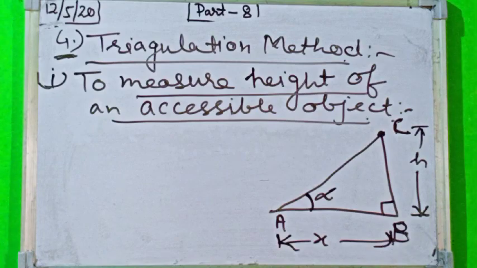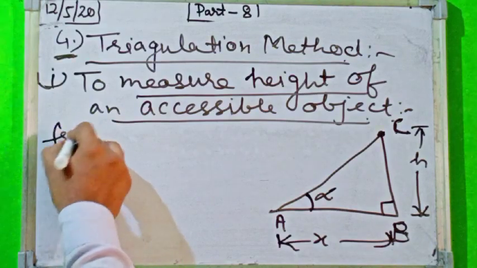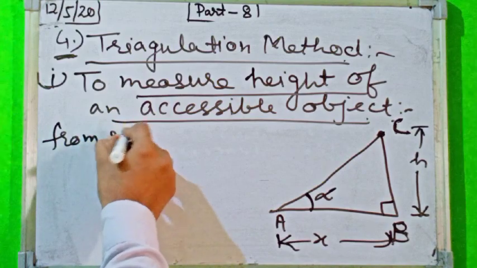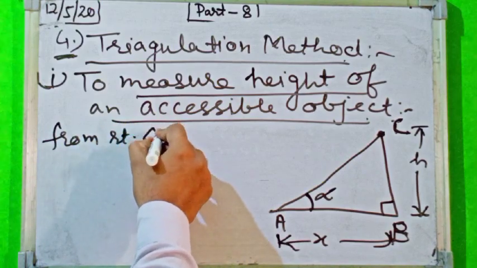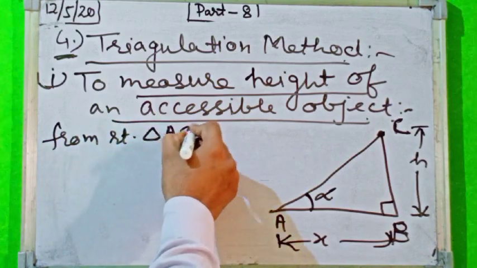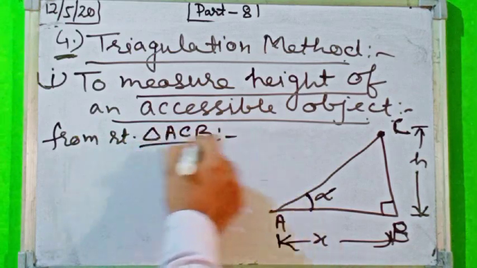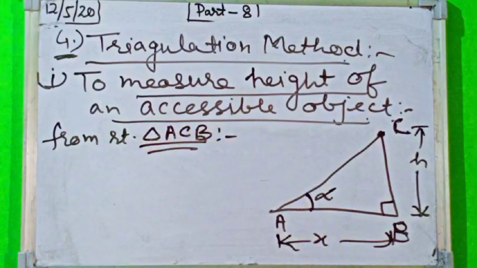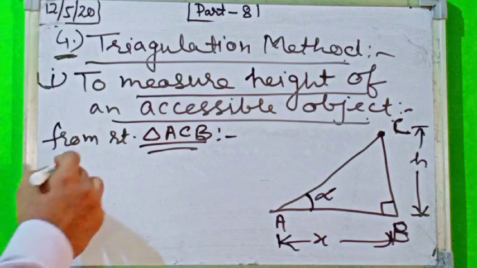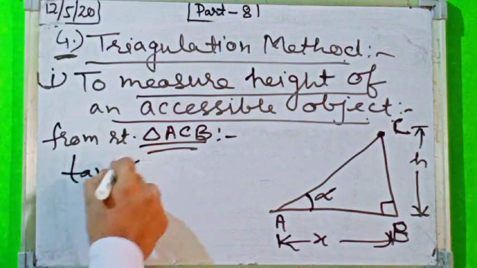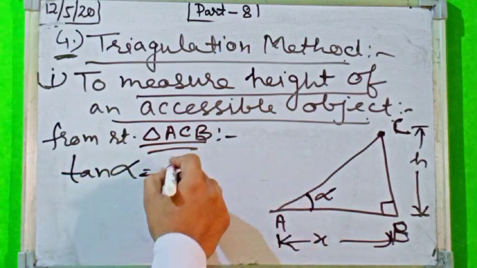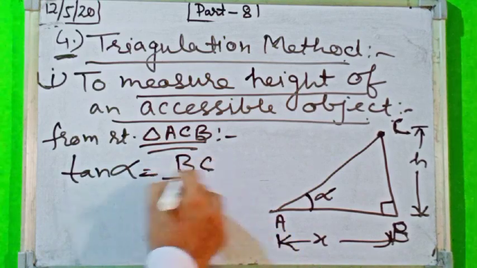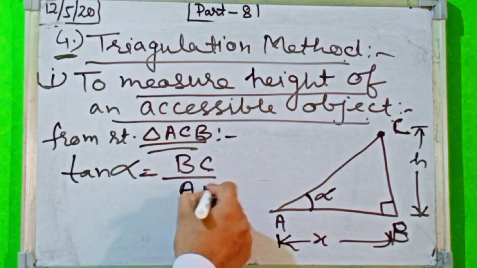So from the right triangle ACB, we can easily calculate tan alpha is equal to perpendicular upon base.